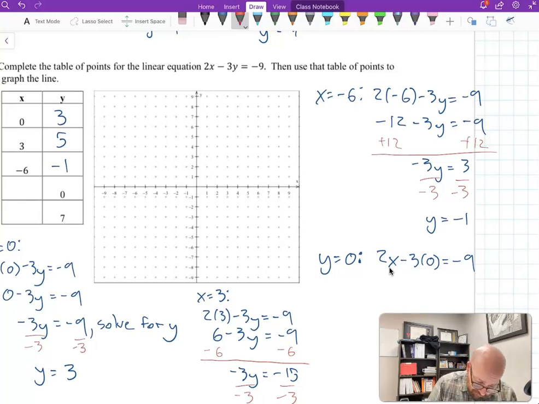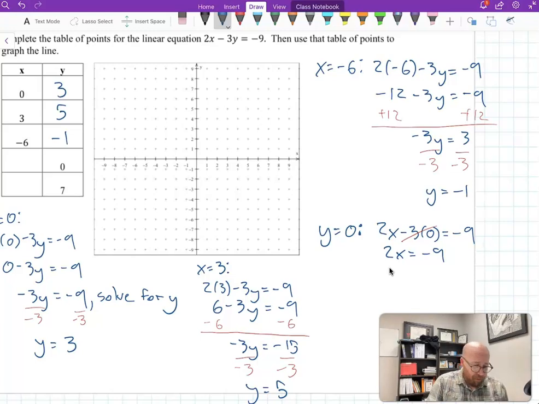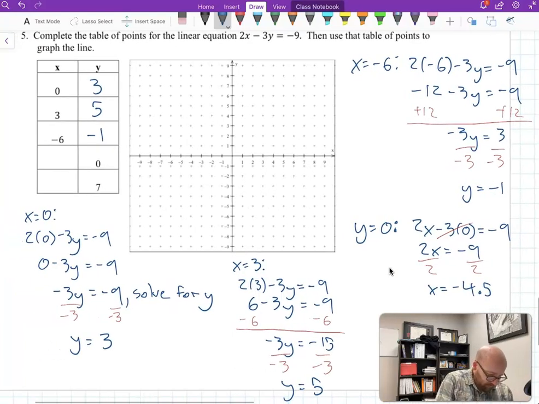No. So at this point I'm just going to mark that out. We're left with 2x is equal to -9. We're going to divide both sides by 2. And that gives us x is equal to -4.5.